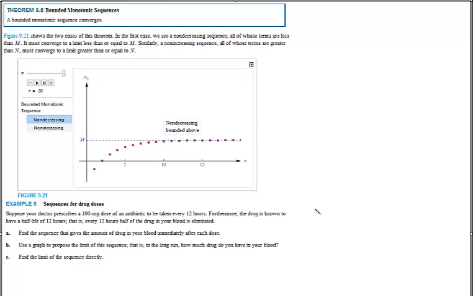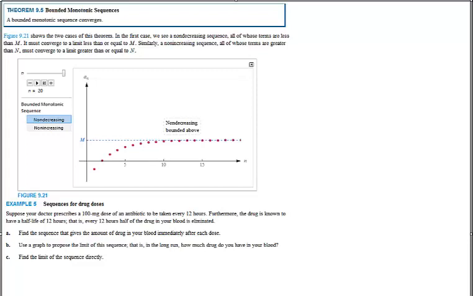So we're prescribed a 100 milligram dose of an antibiotic every 12 hours. We're supposed to take another 100 milligrams every 12 hours, and the drug itself has a half-life of 12 hours, so that means every 12 hours only half of it is left.